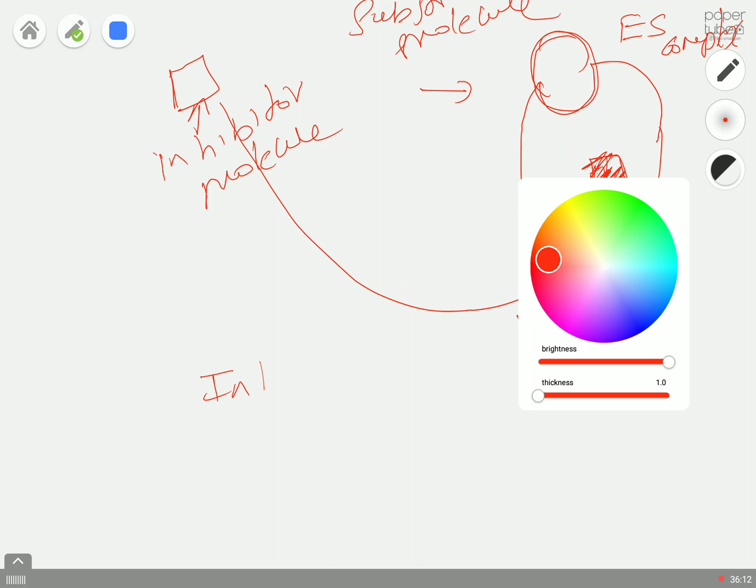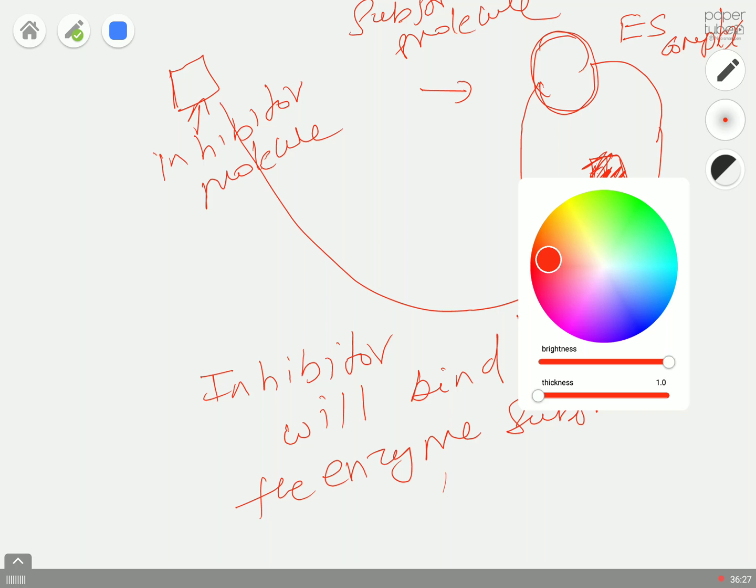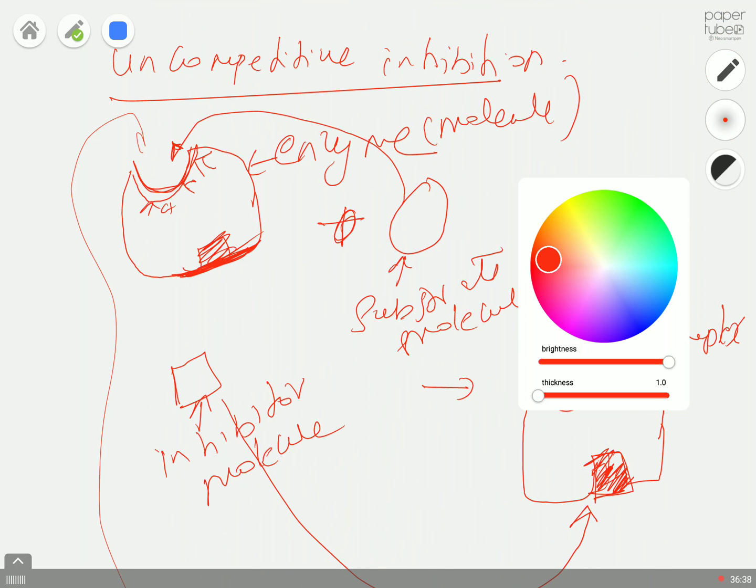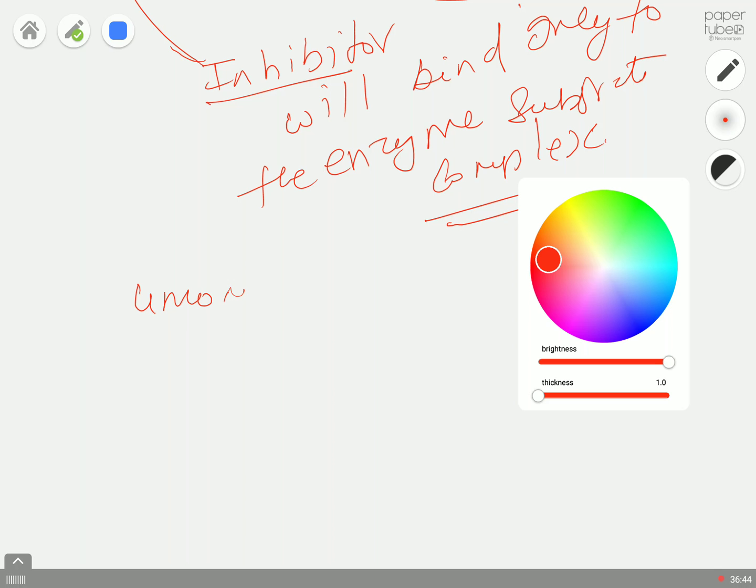So inhibitor will bind only to the enzyme substrate complex, which means your inhibitor will not compete for the site that can fit your substrate molecule. So that's why we call this uncompetitive inhibition.